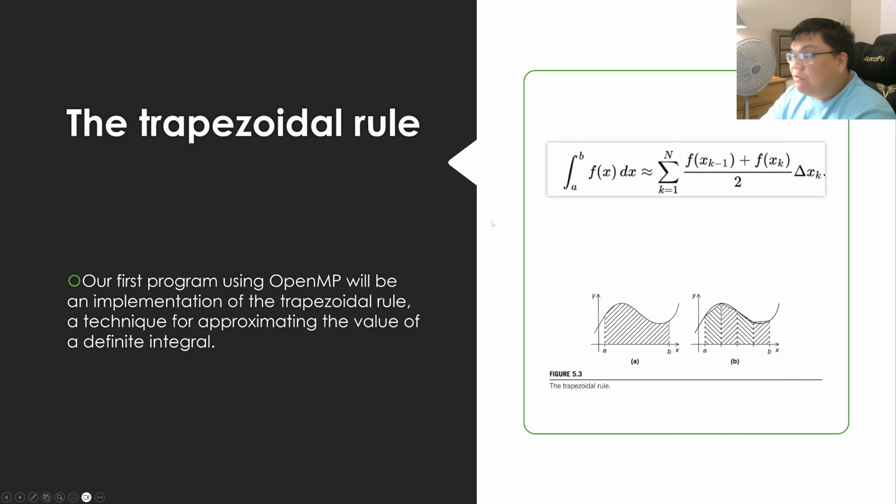So next week, I would like for us to look into writing our first parallel program using OpenMP. This is going to be an implementation of what is known in calculus as the trapezoid rule. It is a means of estimating the area under a curve by cutting up the area under a curve into a sequence of trapezoids and then adding up each trapezoid's individual area.